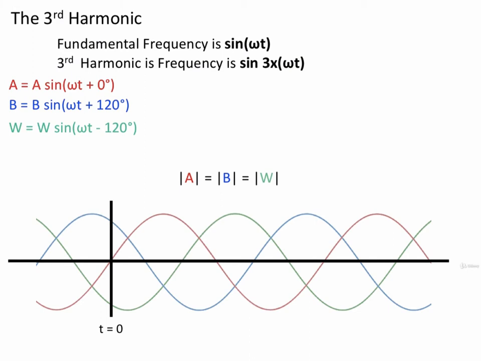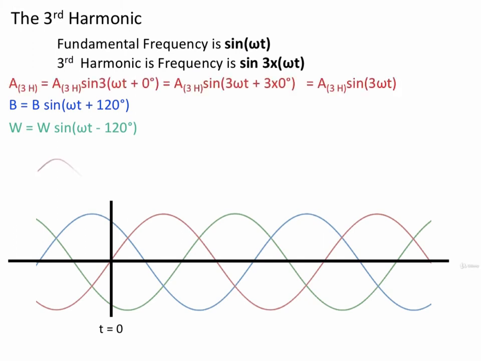And the third harmonic magnitudes, A third harmonic, B third harmonic, and W third harmonic, are also equal in magnitude. Now the red phase third harmonic is given by a magnitude A3H times sine (3 omega t + 0 degrees).